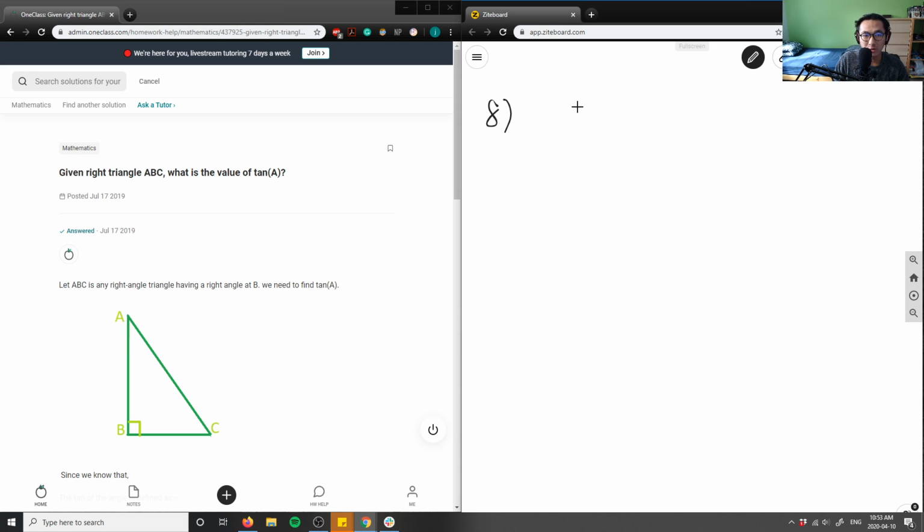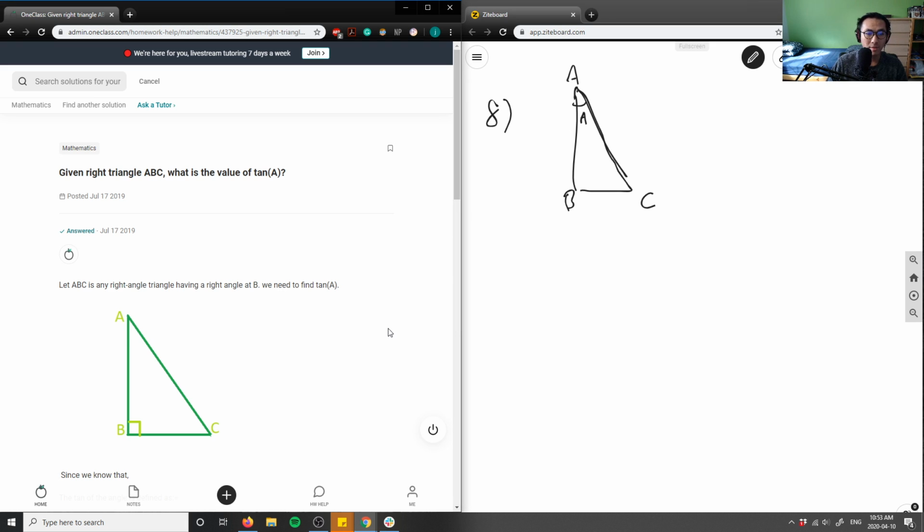So given the right angle ABC, what is the value of tan A? And I'm not given any lengths here, right? So this is more of a conceptual question. This is A, B, C. What is the value of tangent A? So this is tangent A here.